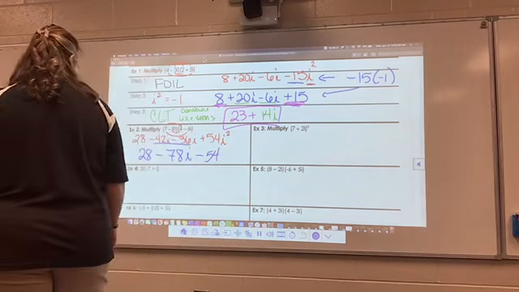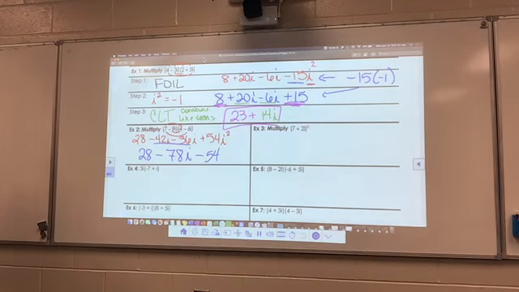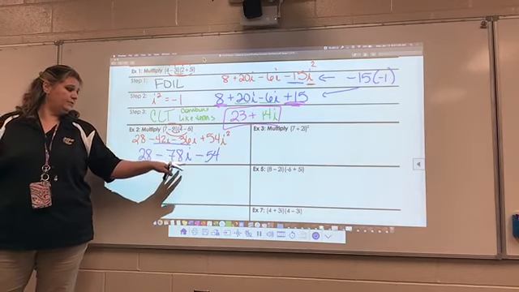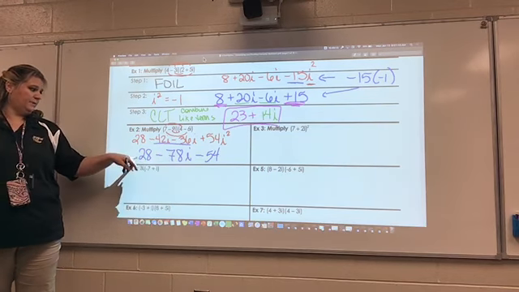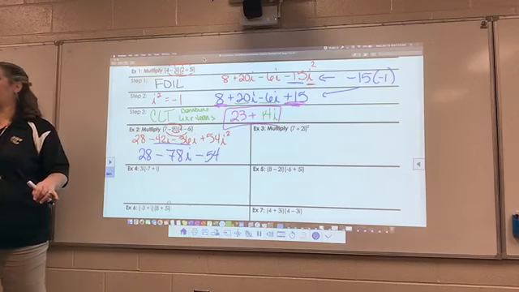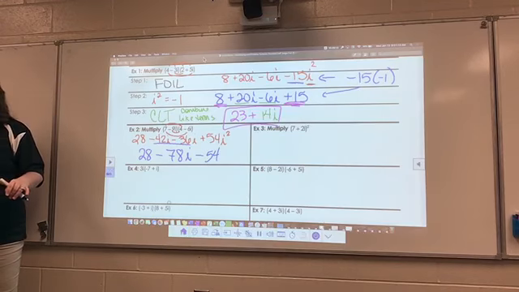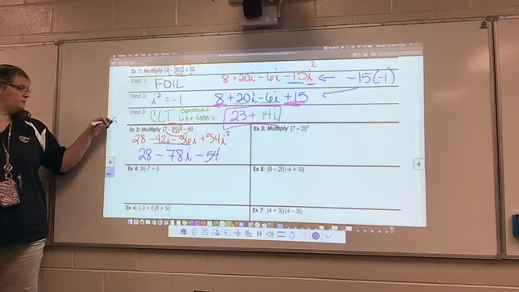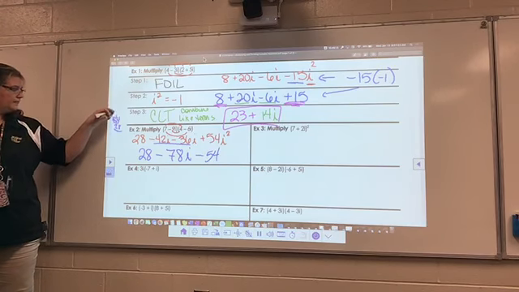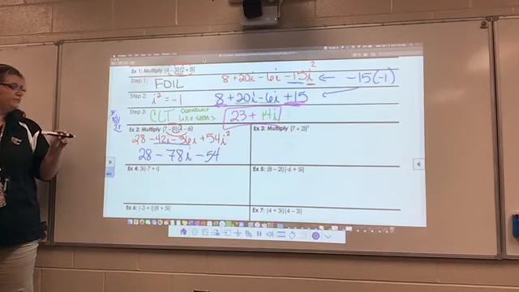Okay. So 28 minus 78i minus 54. Yeah, so now my i's are all good, right? So that's staying. So I've got the positive 28 and the negative 54. So they're different signs, so I know I'm subtracting them. I can't subtract 1 from 5.